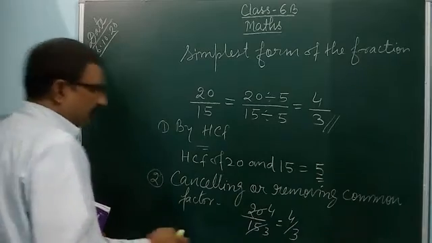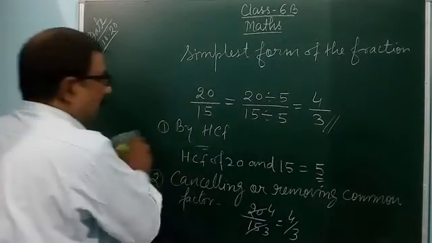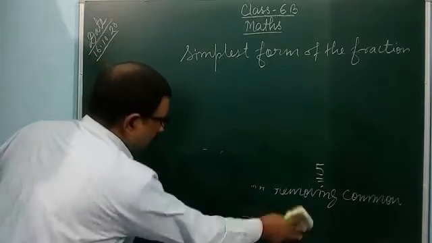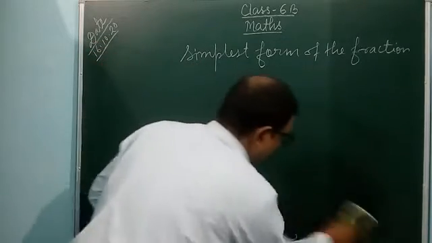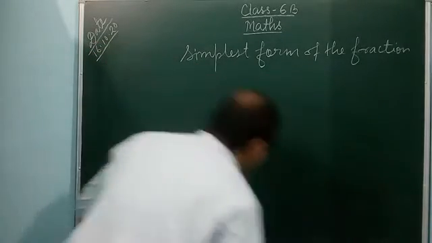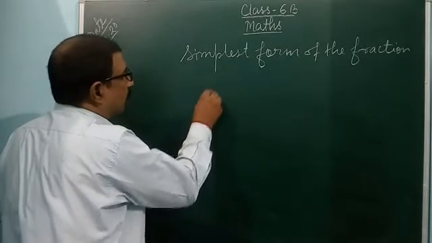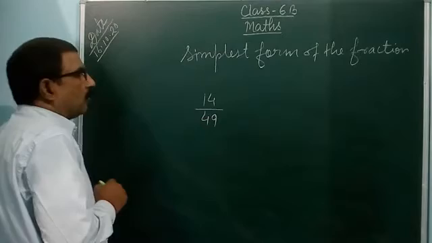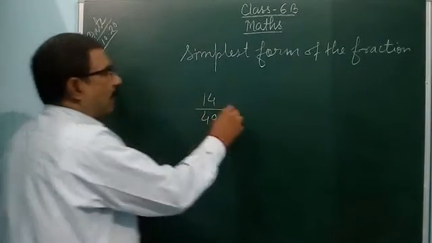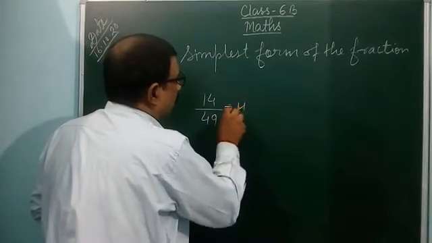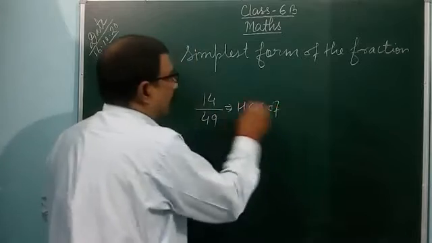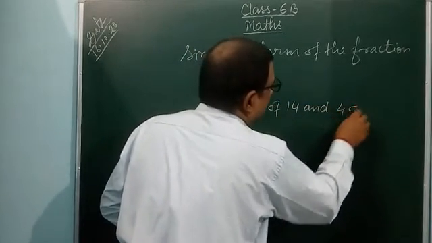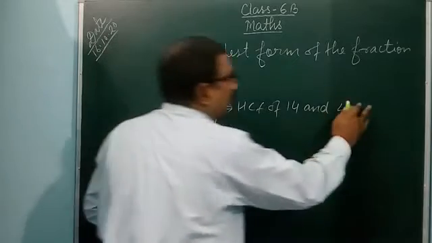Suppose for the next example you take both methods. Now you can take 14 upon 49. You can see the HCF of 14 and 49.